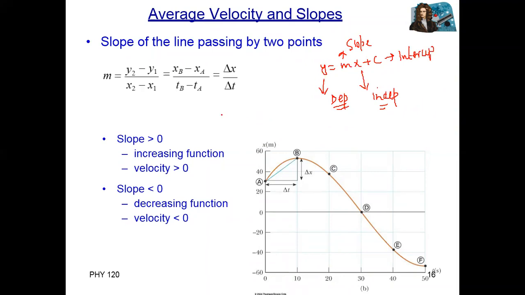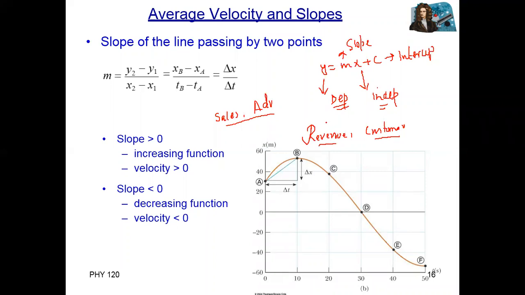For example, from a business perspective, if you say sales and advertisement, which one is dependent and which one is independent? Sales depend upon advertisement, excellent. Likewise, revenue depends upon, let's suppose, customers.